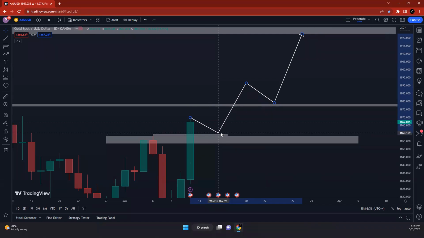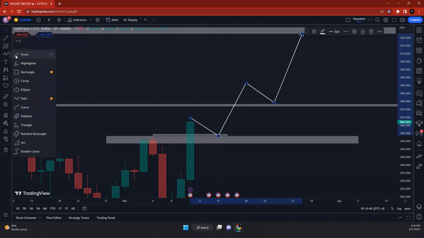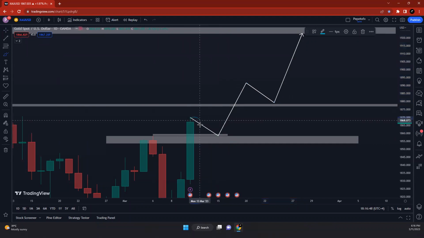If you could find any breakout to the resistance here, the structure will form like this. It will come down like this. As soon as the breakout happens, this resistance becomes support. It will retest and then go up.